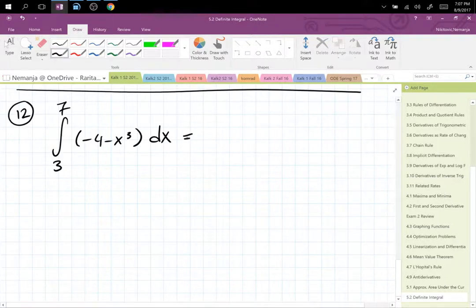What's the integral of negative 4? Very good. What's the integral of negative x cubed? Great.